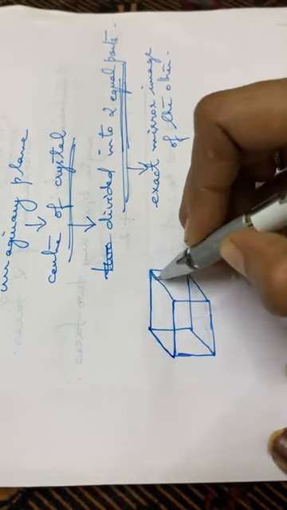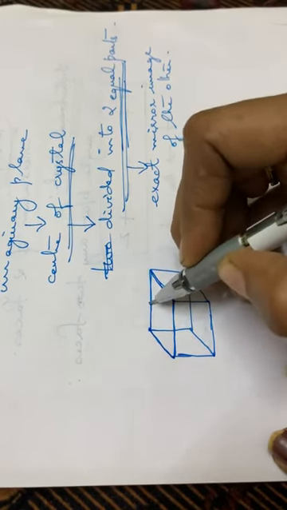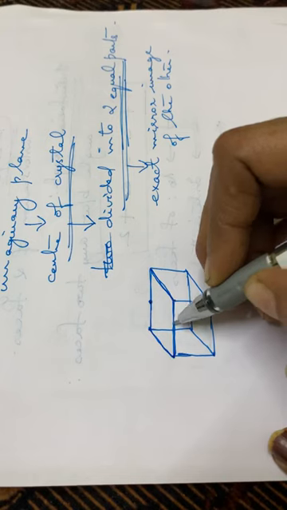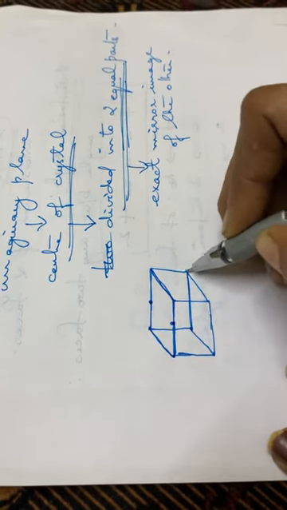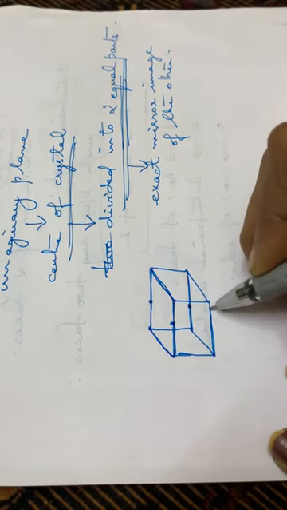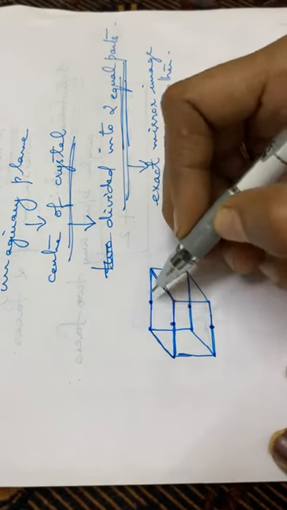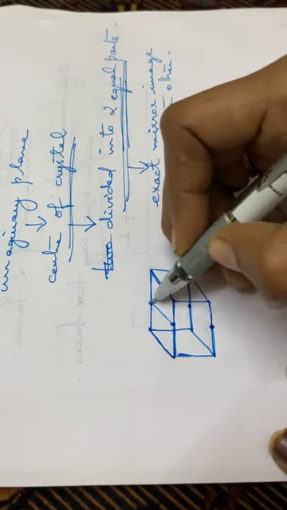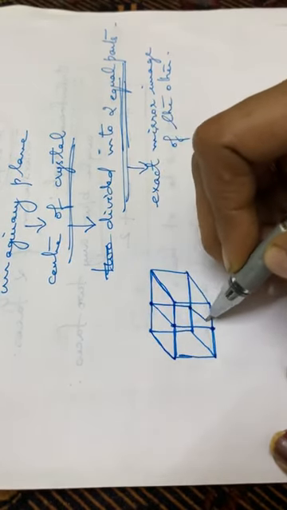The center of this edge is here, the center of this edge is here, and then the center of this edge. Then I am joining all these four dots, like this.